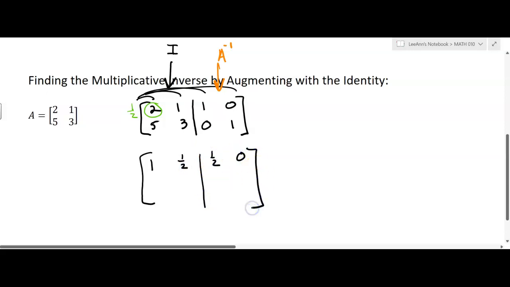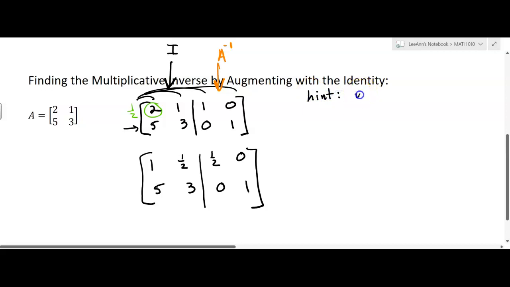Now, I do get some fractions. It's very common to have fractions with inverses. So I'm not going to let that bother me. I'm just going to live with the fractions. If I have to have a fraction, 1/2 is a pretty good one to have. The second row, I'm just going to copy it down. Okay, so I'm going to give you a little hint.